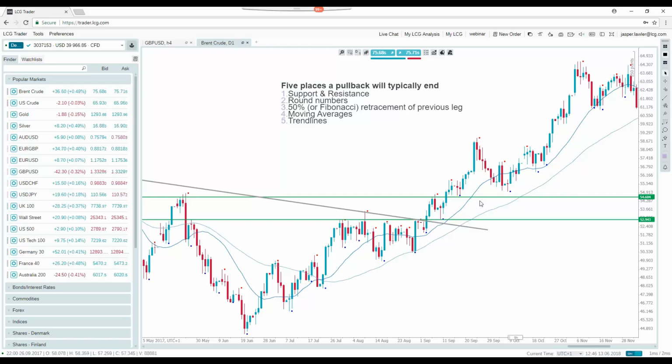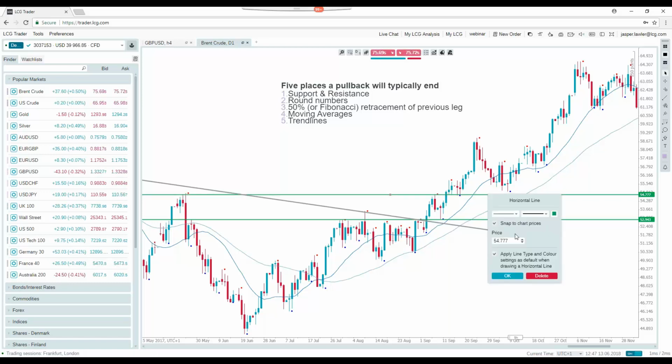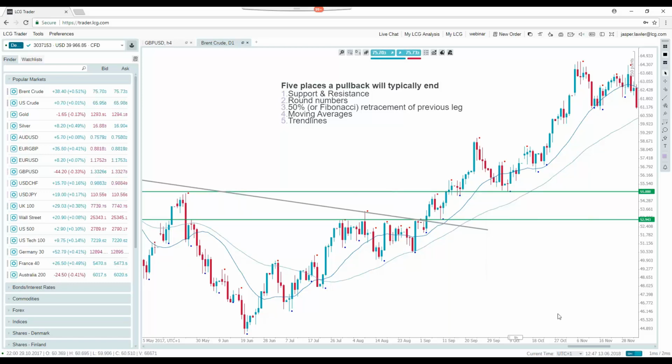You can see it holds as a little mini support there, and then support holds again, and it's not quite the support level, actually it's the big round number that holds as the support level. So you can see there are different factors all contributing to where these pullbacks end. Another nice one is the 50% retracement level.